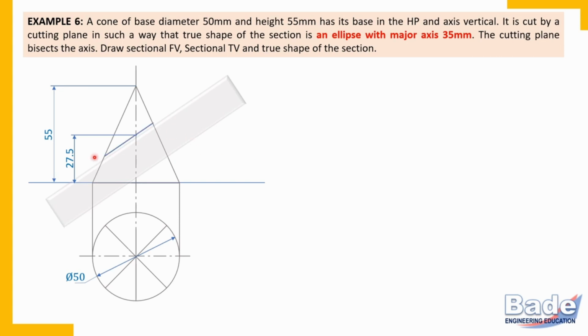Yes, here it is, say 35 millimeters. So this position of cutting plane line you should identify by trial and error method. And this is the cutting plane that gives you ellipse with major axis 35 millimeter.